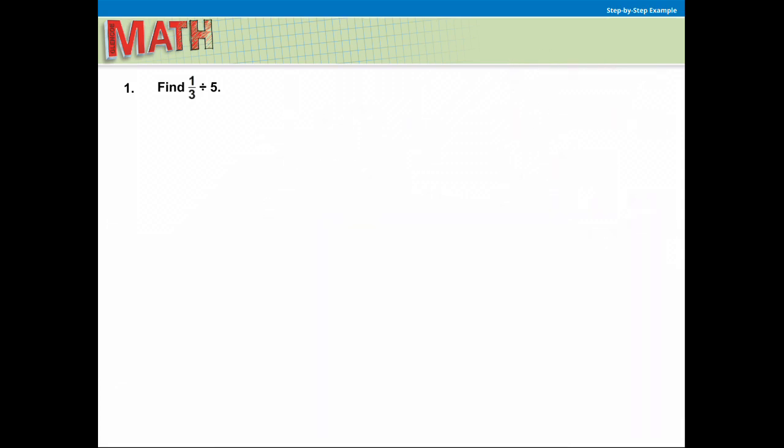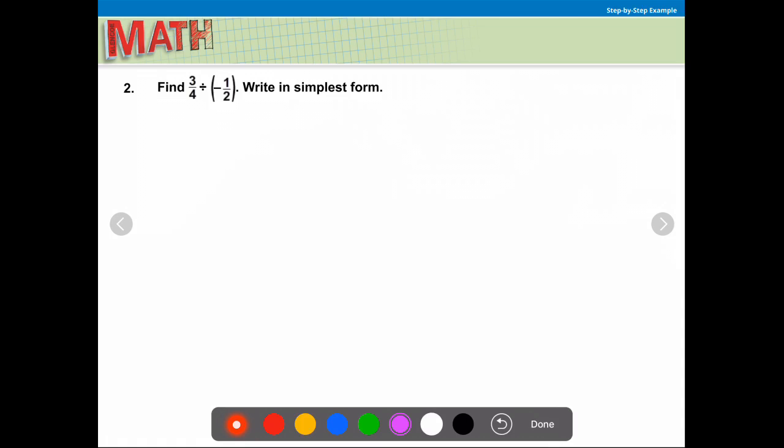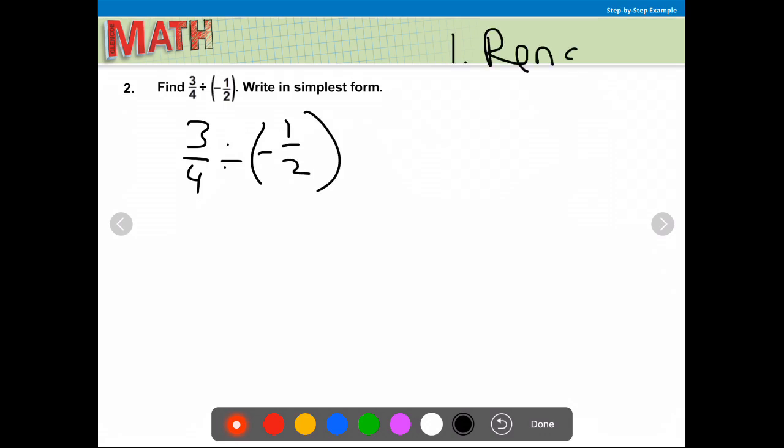Let's try it again a different way here. This time it's going to have a negative number. So I'm going to write 3/4 divided by -1/2. My step 1 is to rename, but these are all fractions.